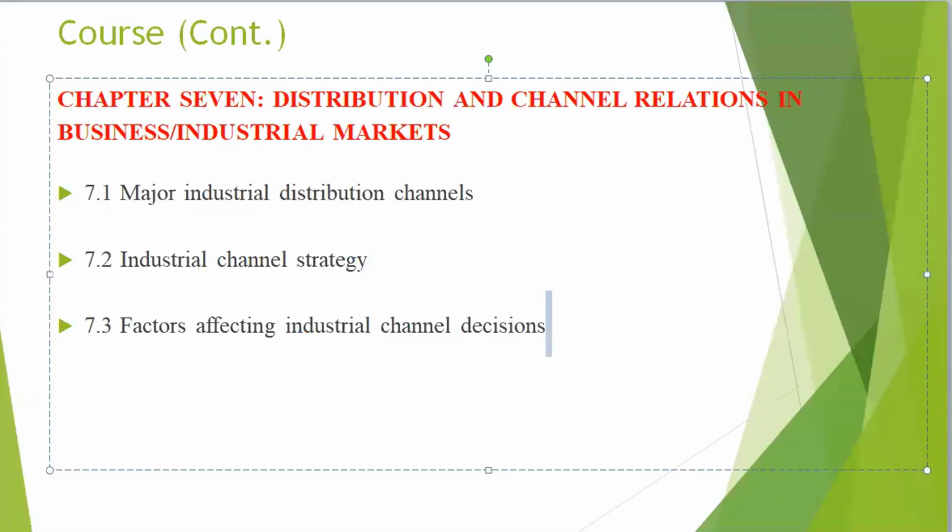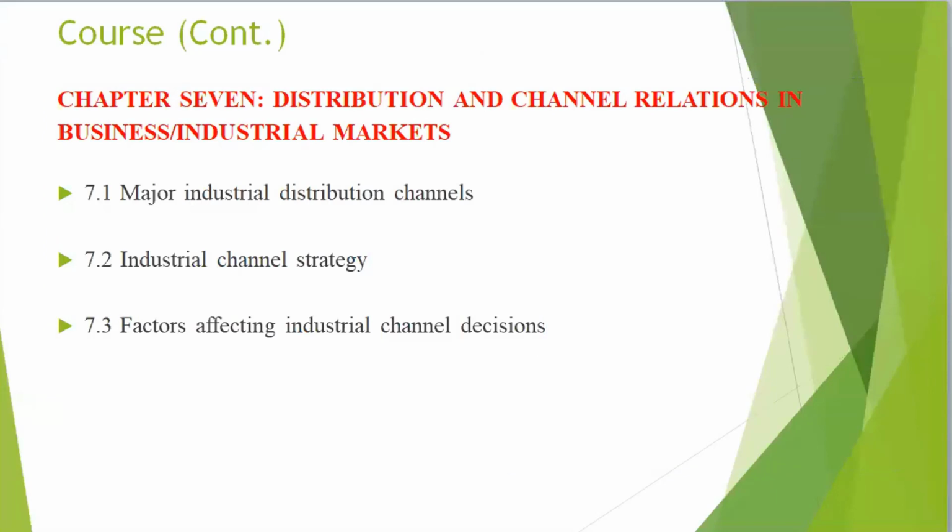So in this case, we'll see the best channel of distribution strategy in the industrial market. And when we identify this channel, we also have to consider different factors to choose the best channel. So the frequency and the capability of the channel or the marketing intermediary should be considered.